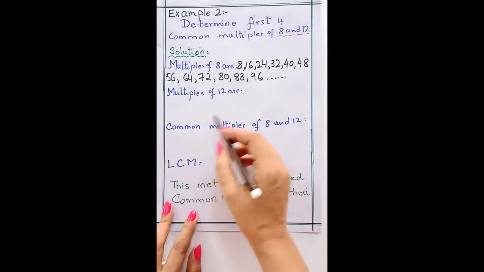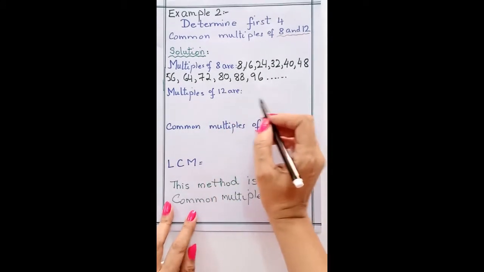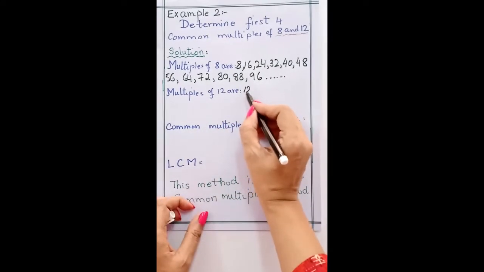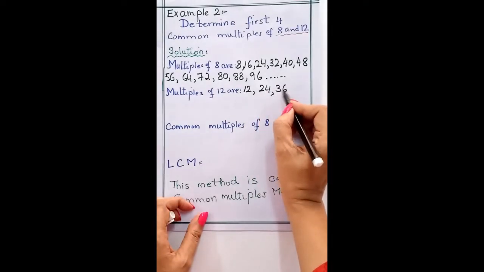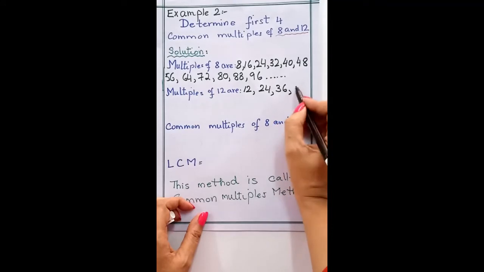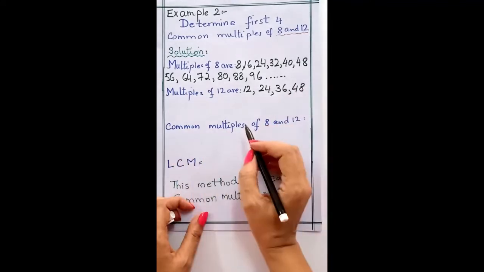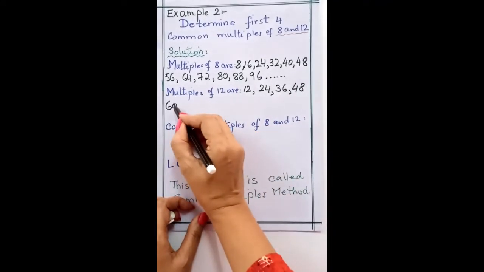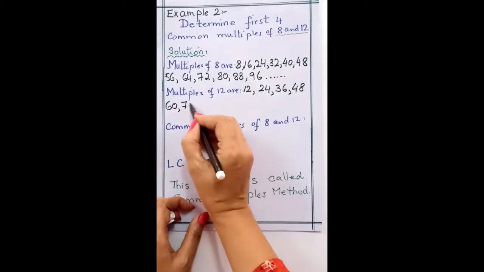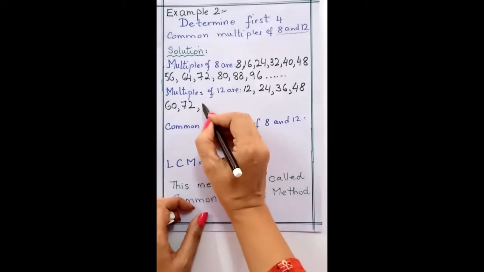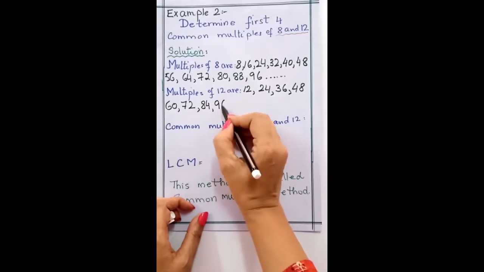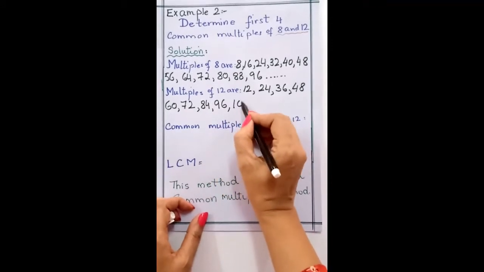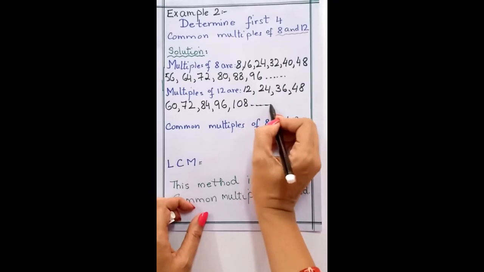Now I am writing the multiples of 12. 12 ones are 12, 12 twos are 24, 12 threes are 36, 12 fours are 48, 12 fives are 60, 12 sixes are 72, 12 sevens are 84, 12 eights are 96, 12 nines are 108 and so on.